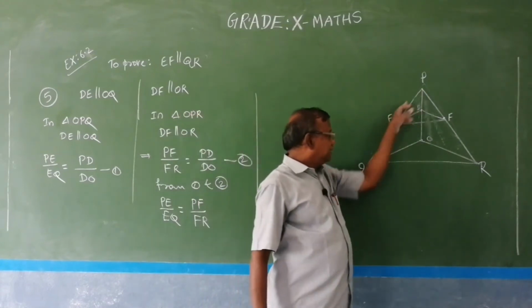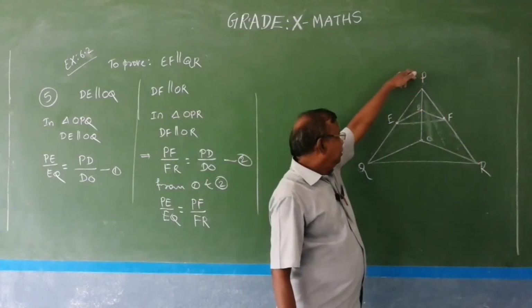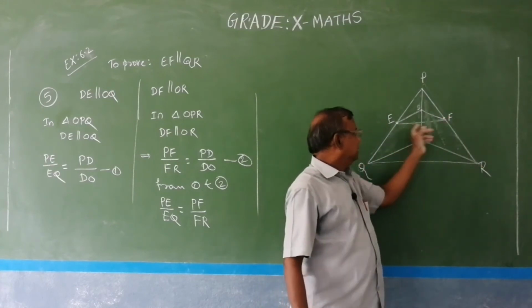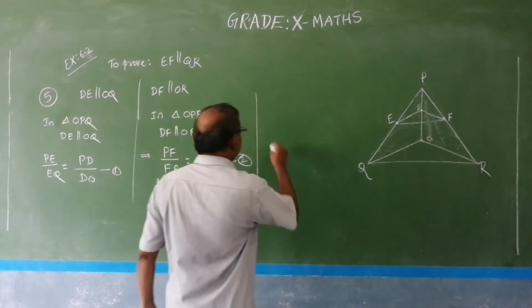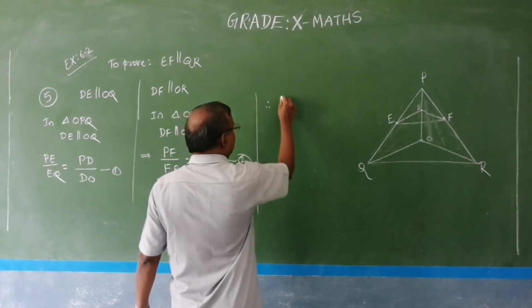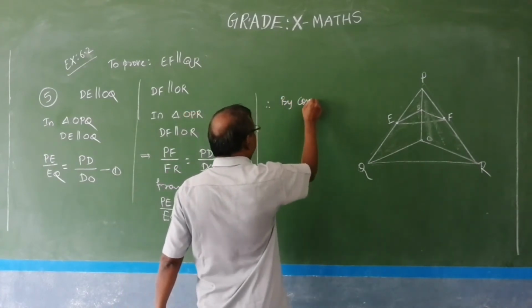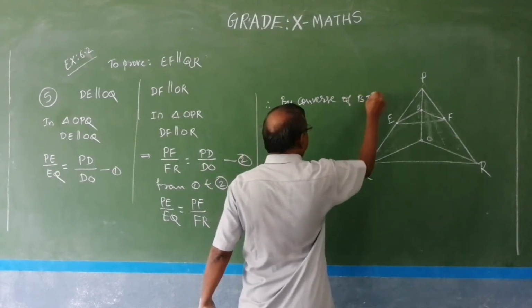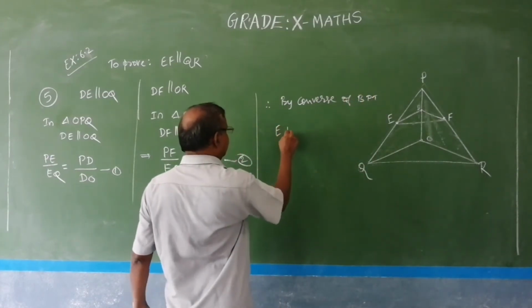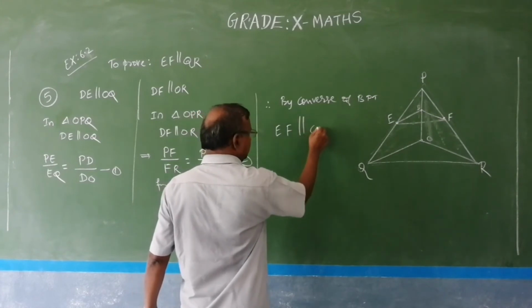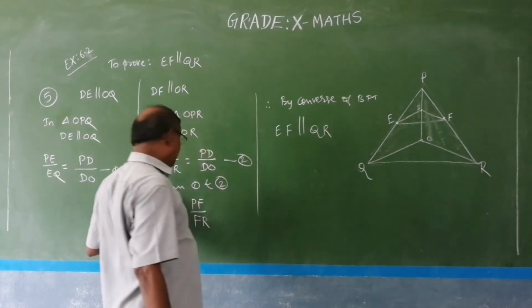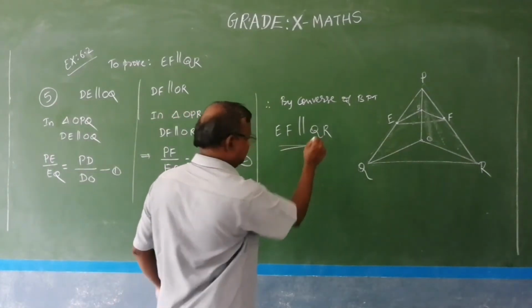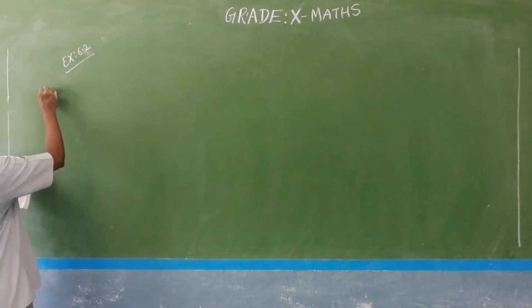So by converse of BPT we have EF parallel to QR because PE divided by EQ equal to PF divided by FR. So hence proved.